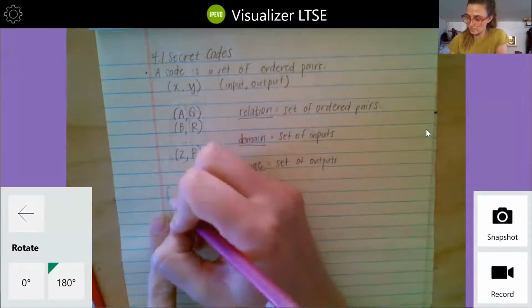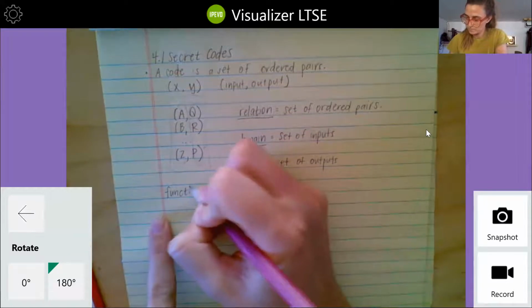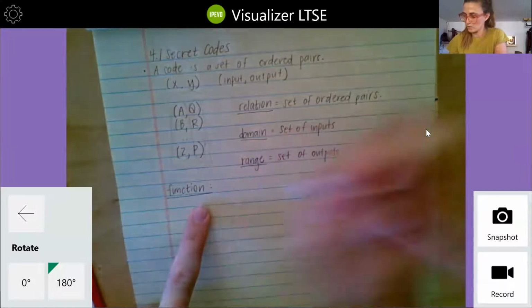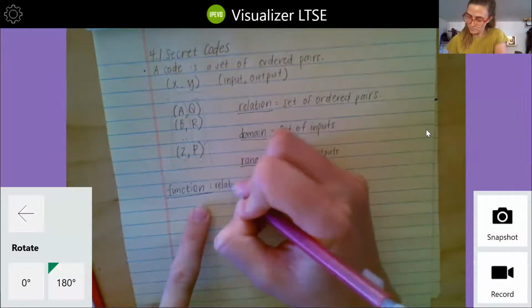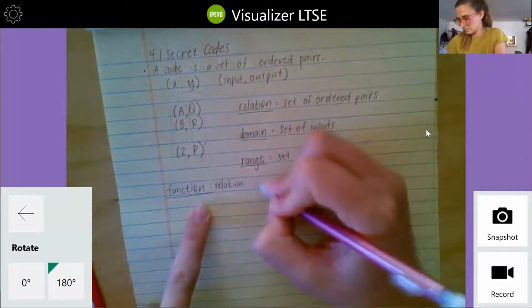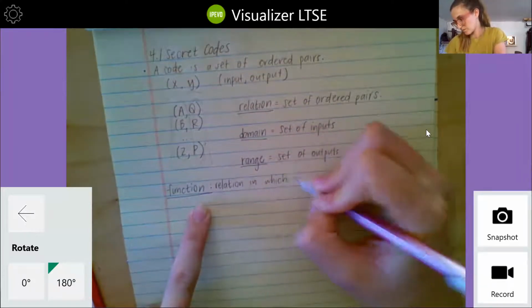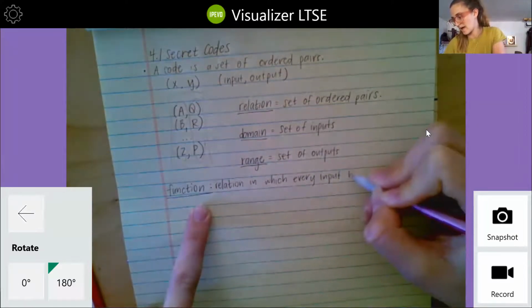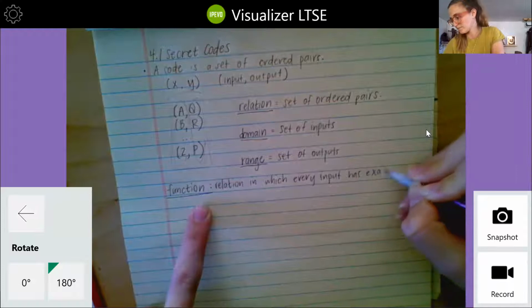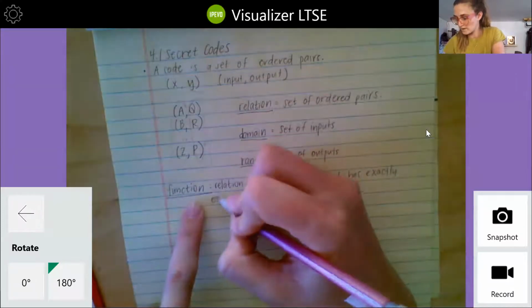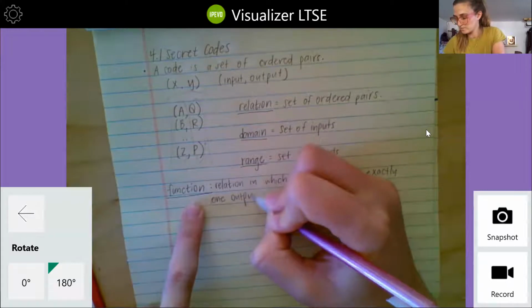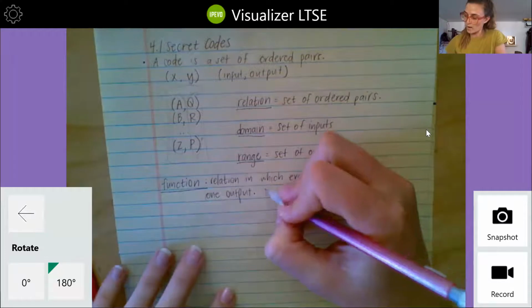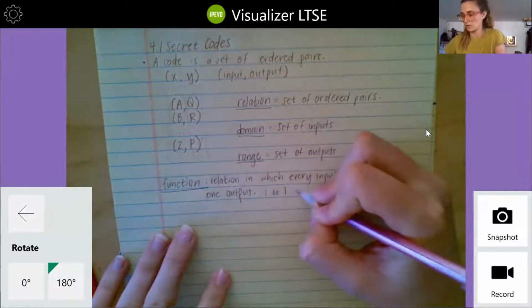A function is a relation in which every input has exactly one output. They also call this a one-to-one relationship.